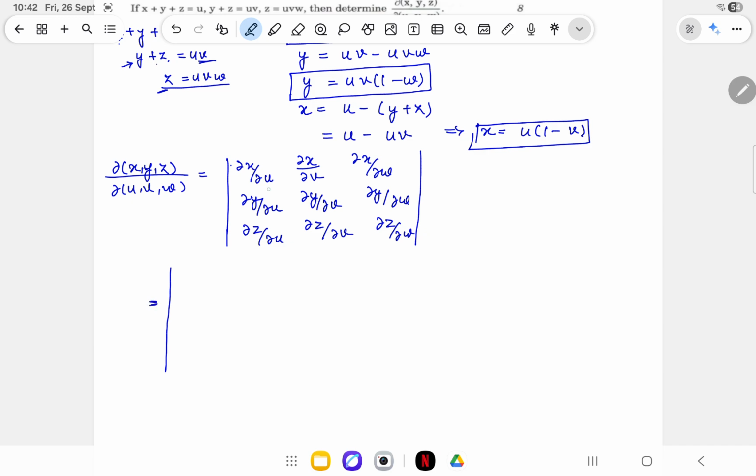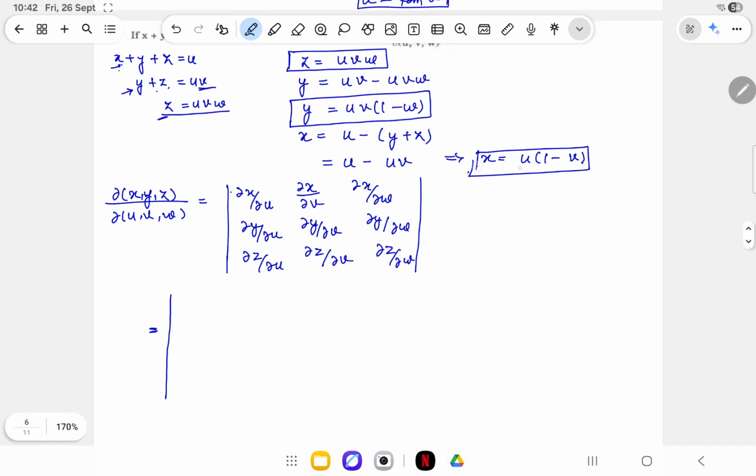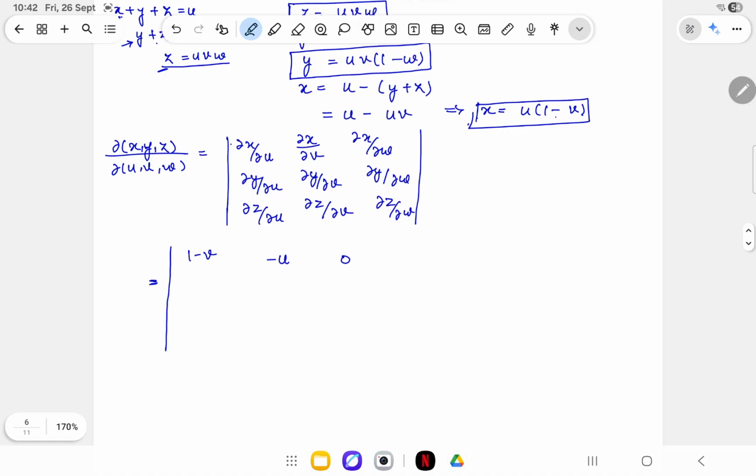This is my x, so ∂x/∂u will be 1 − v, ∂x/∂v will be −u, and ∂x/∂w will be 0 because there is no w in x.